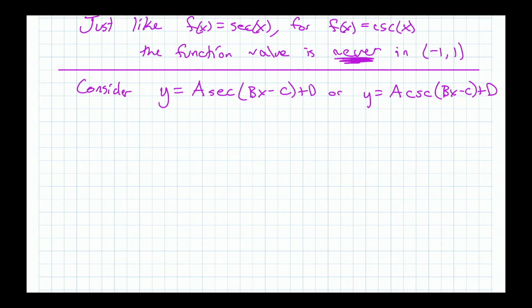Either one, right? And we need to look at the graphs, so we want to see what the numbers do. So the A makes the graph taller. It's a vertical stretch. So you want to think back to those basic transformations.